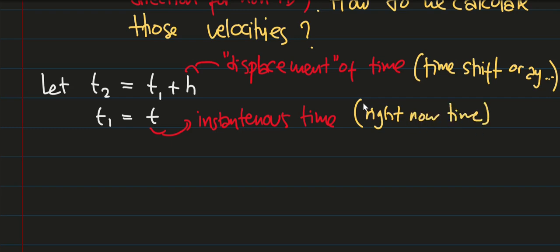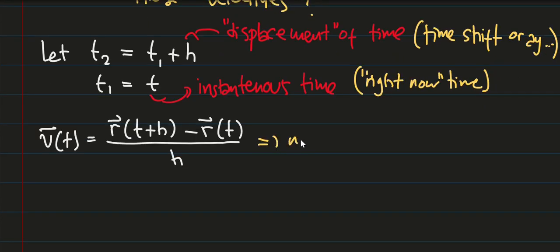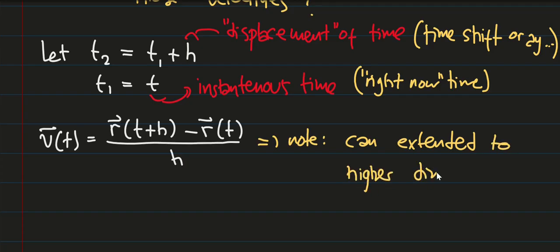Okay, so now velocity is a function of t for non one dimension. I just put that as a function of a vector: r of t plus h minus r of t, divided by h. Note that it can be extended to higher dimensions of vector.